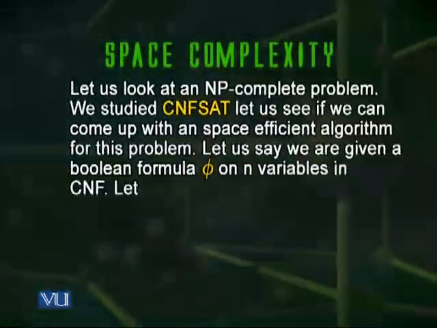Let's first define a proper version of this problem, and then look at a Turing machine, an algorithm that solves this problem, and compute how much space it requires. We studied CNF satisfiability. Let us see if we can come up with a space-efficient algorithm for this particular problem. Let's say we're given a Boolean formula phi on n variables in conjunctive normal form.